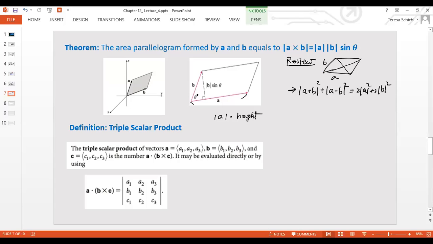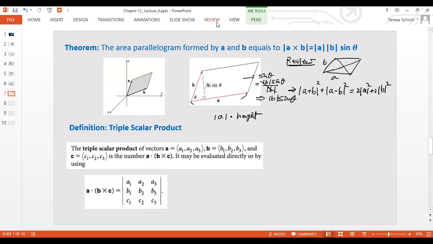If this is the angle theta, then sine theta is equal to the opposite side over the hypotenuse, which is B. So the height will be B times sine theta.